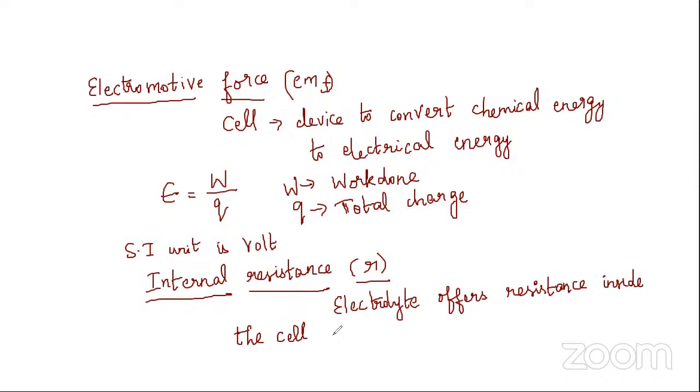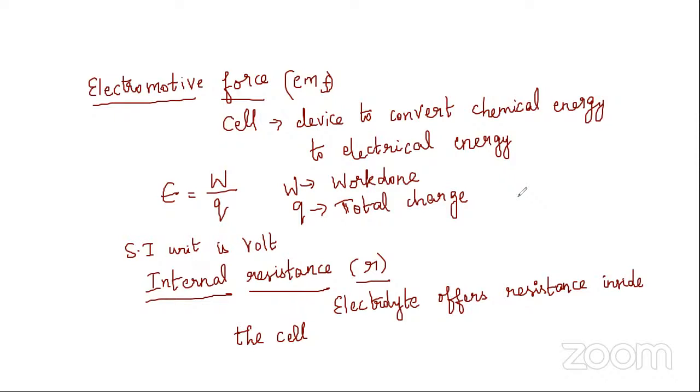And this internal resistance causes some loss of energy. If you have a particular value of EMF for a cell, the cell won't be able to deliver the complete EMF mentioned on the cell. For example, in certain cells it is mentioned that the EMF is 1.5 volt, but when you take a multimeter and measure the EMF of the cell, you won't find that it is supplying 1.5 volt.